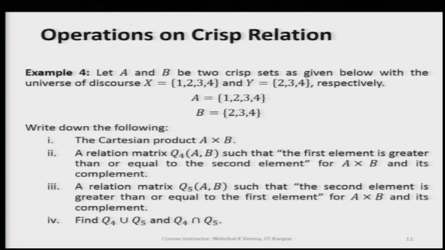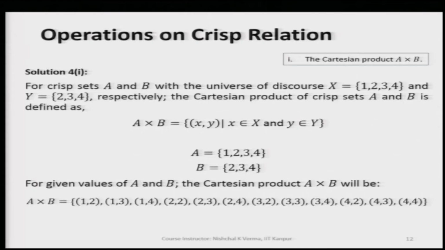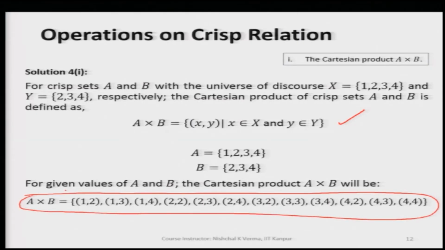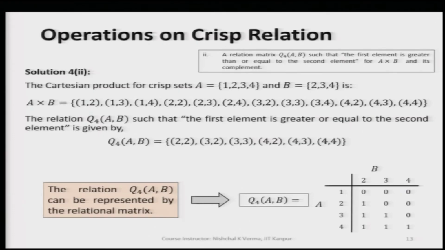Let us first find the Cartesian product of A and B, that means A cross B. As we have already seen how we can get the Cartesian product of crisp sets A and B, we can very easily find it. You can see here, we have all these elements. It is very easy to find quickly, and once we have found this, let us go to the relation matrix.